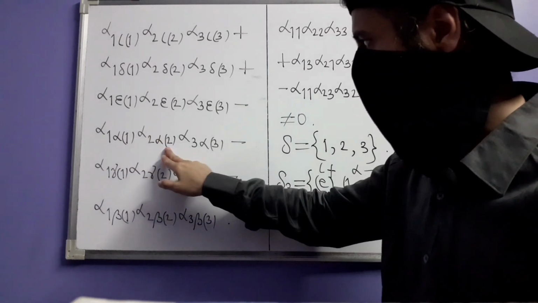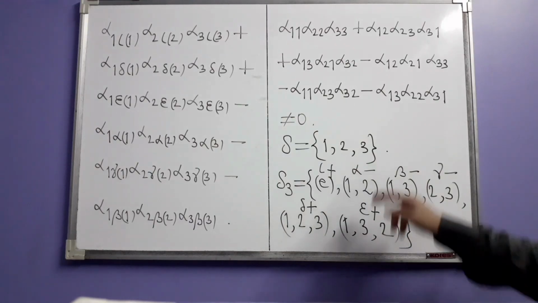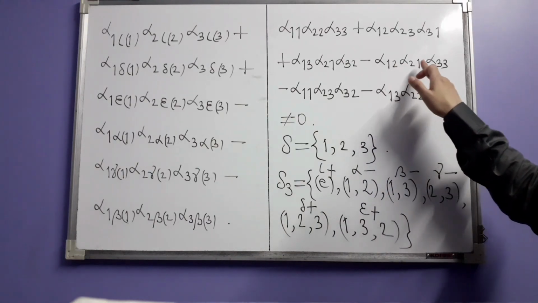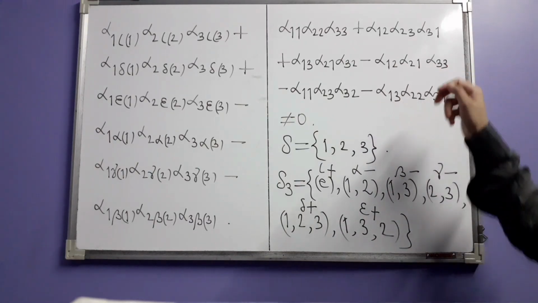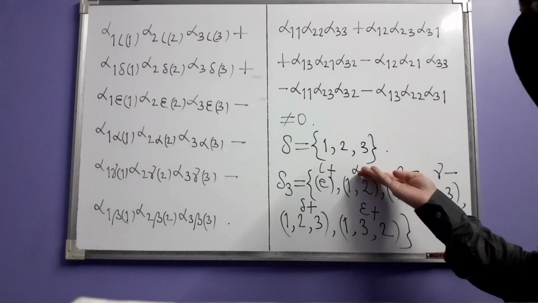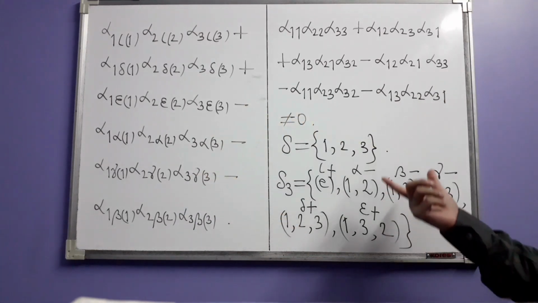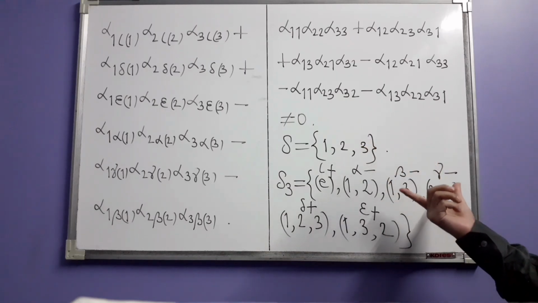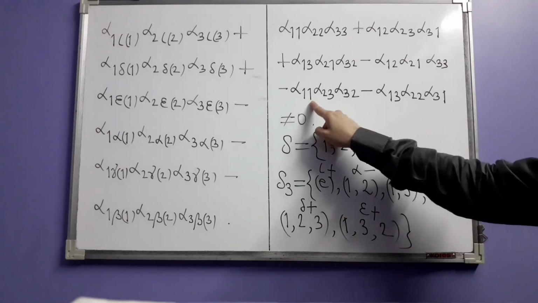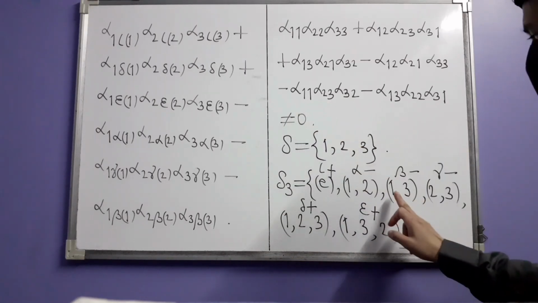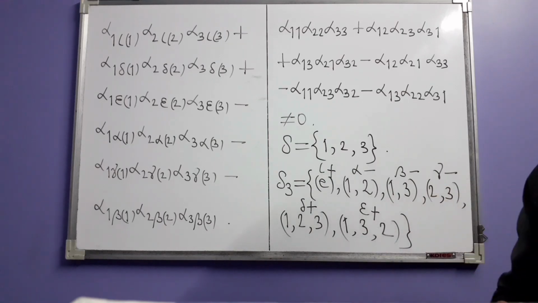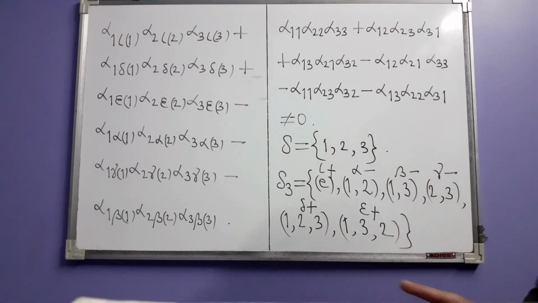Alpha of 1, alpha of 2, alpha of 3. Alpha of 1 is 2, alpha of 2 is 1 and alpha of 3 is 3. And this is an odd permutation, so there is a minus sign. Similarly, you will see that this next one, a11 a23 a32, has 1 fixed, and 2, 3, 3, 2 appear.